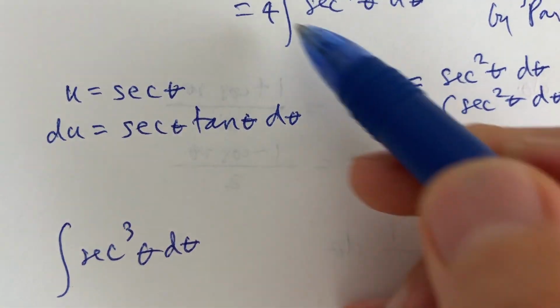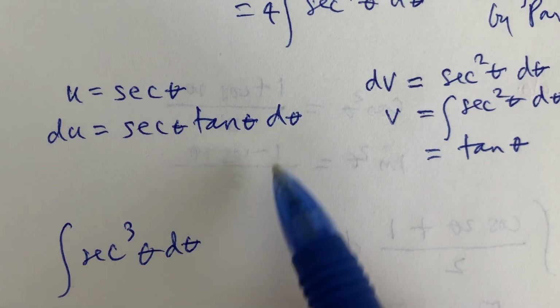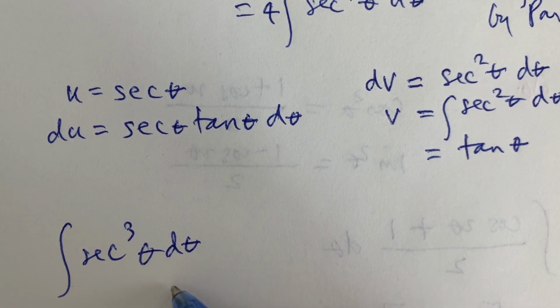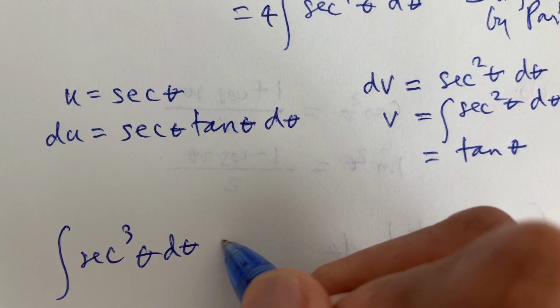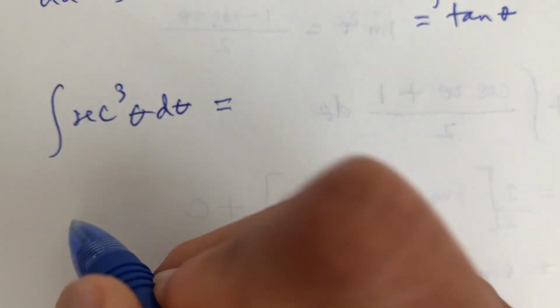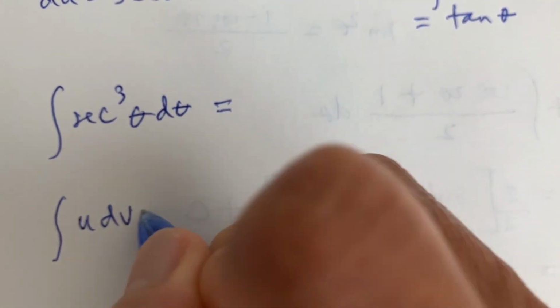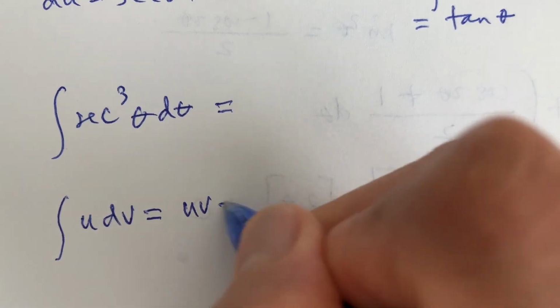Now, notice that I did not write the 4, okay? I can put back the 4 after we finish integrating secant cubed. And so here we go. Remember the form for integration by parts. The integral of u dv is equal to uv minus the integral of v du.